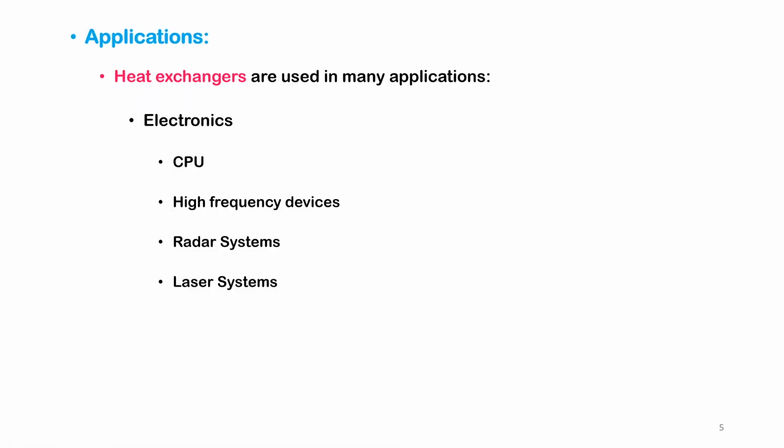In the electronics industry, all of your computers and laptops have some sort of heat exchanger to cool the CPU. There are also other electronic devices that require high frequency, such as radar systems, laser systems, and nowadays also power conversion devices.